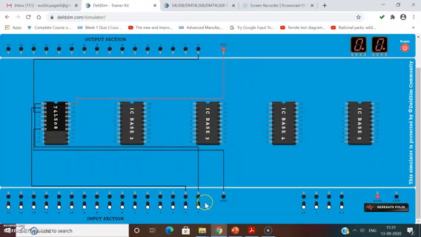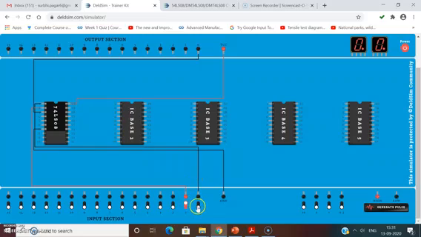So now in the first case we have both inputs as 0, both are low, so the output is low. If I turn on this, okay, now it is 0, 1, then the output is 0. Then I will turn off this and I will turn on this. Now also the output is 0.